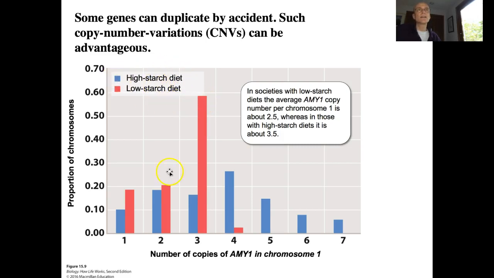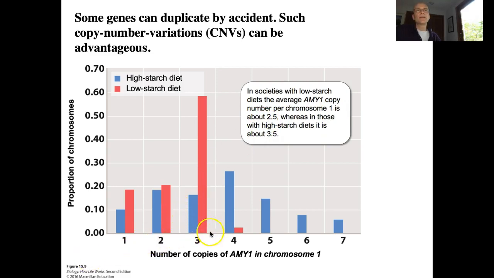And people with a high starch diet will only have 0.2. So in societies with low starch diets, the average AMY1 copy number on chromosome 1 is about 2.5, whereas with high starch it's 3.5.